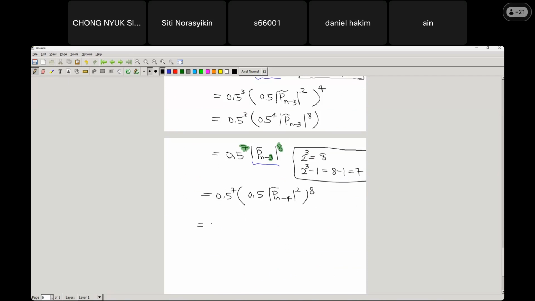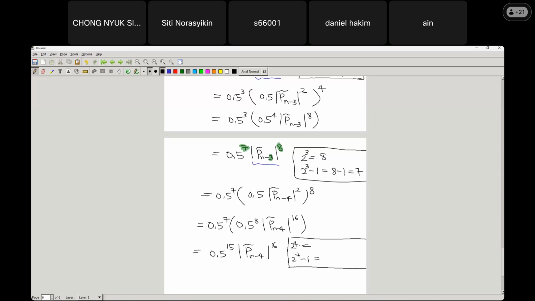I have actually 0.5 power of 7 times 0.5 power of 8, and then times Pn minus 4 tilde, 2 times 8 is 16. So to summarize, you have 0.5 power of 7 plus 8, you have 15, times Pn minus 4 tilde power of 16. Now you apply this concept. Next, we're supposed to get 2 power of 4, and then 2 power of 4 minus 1.